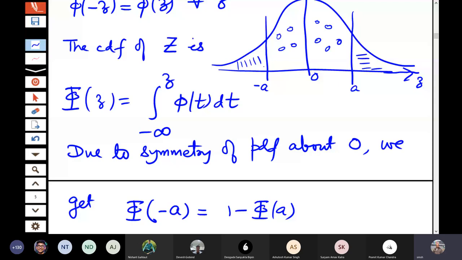If I consider phi of minus A, that is this probability, this is same as this probability on the right side of A. So this is nothing but 1 minus phi A.